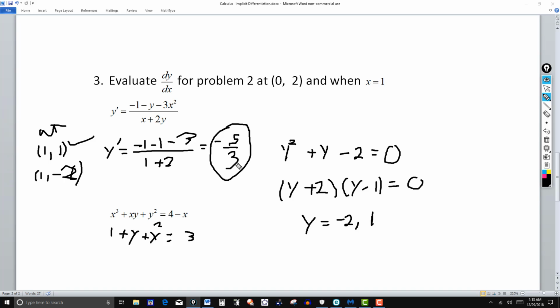Okay, now when x is equal to 1, y can also be negative 2. So we have another possibility. Okay, so now compute this out. So for 1 and negative 2, okay, here I have negative 1, y is negative 2, and then minus a negative 2, so this will be a plus 2. Okay, minus x is 1, so that'll be 1 squared is 1, and the minus 3 stays minus 3.